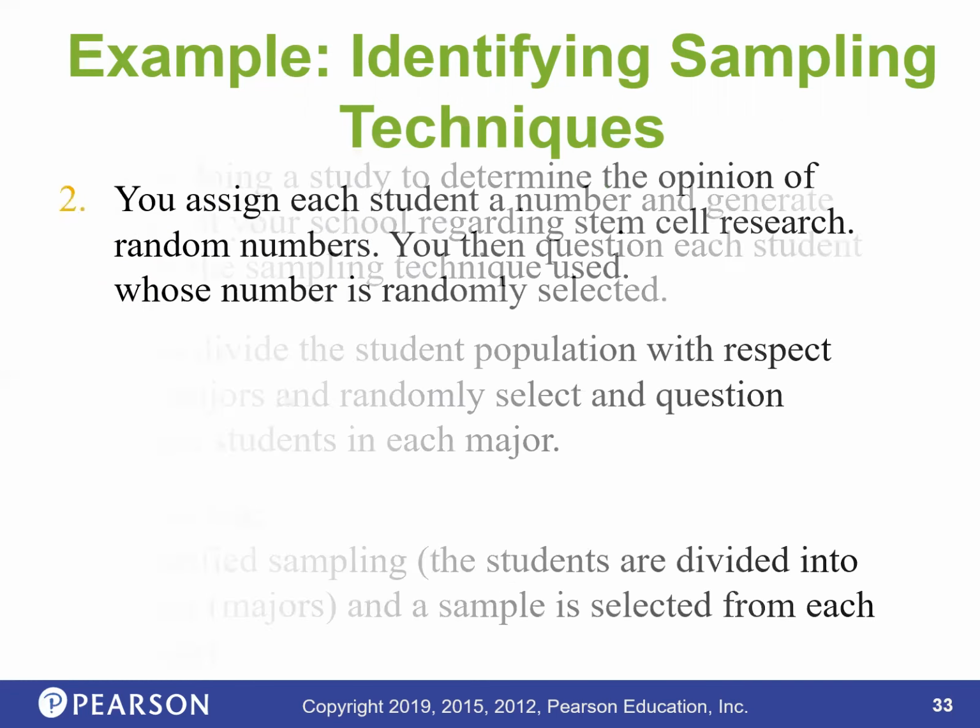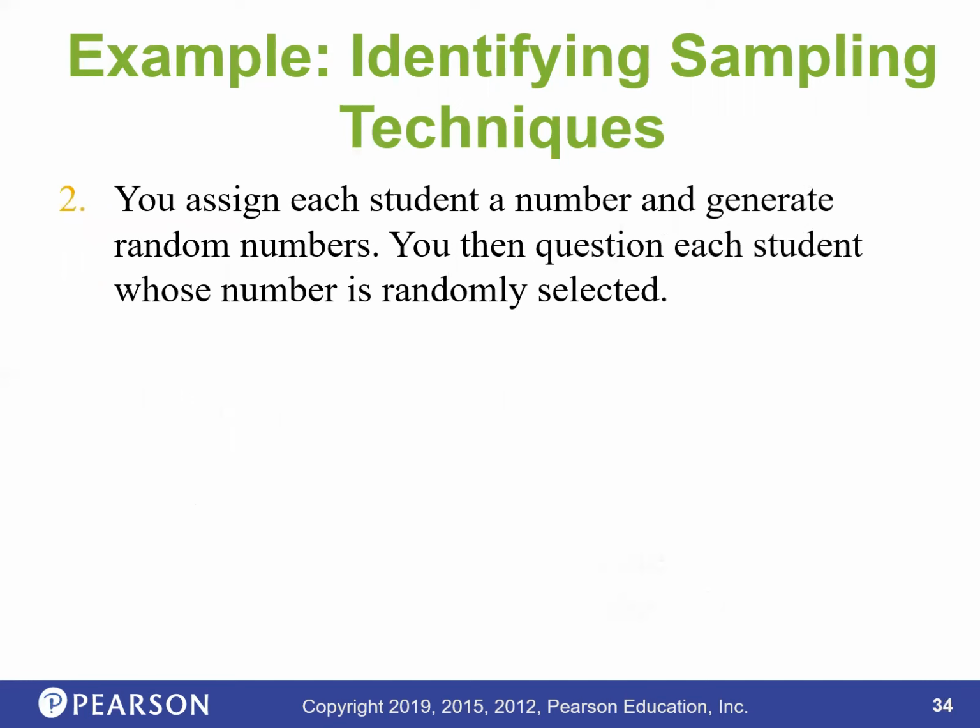Okay, and then next one here, I think we have one more here. You assign each student a number and generate random numbers. You then question each student whose number is randomly selected.